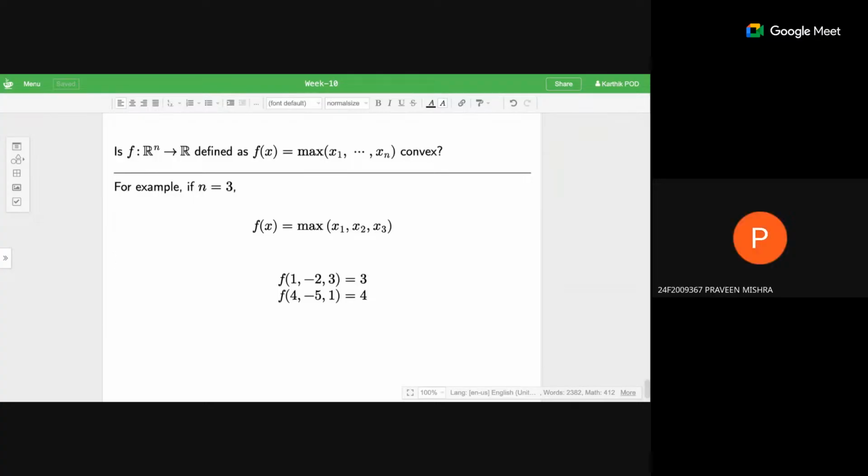Sir, if we work with an example and take f of 5 comma a, and if a is less than or equal to 5, the value will be 5, and if a is greater than 5, it will keep on increasing, right? So maybe it's concave and convex because those are like linear lines.